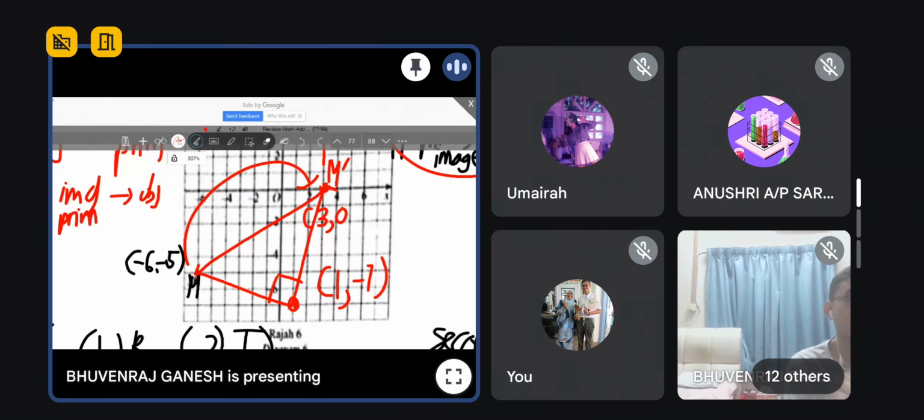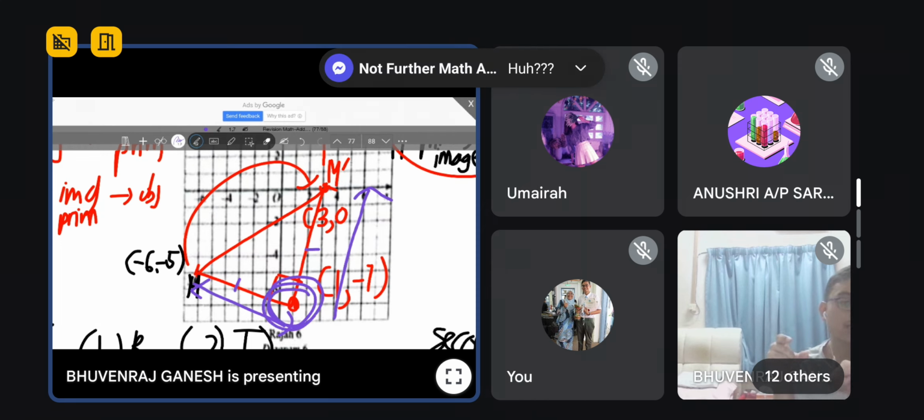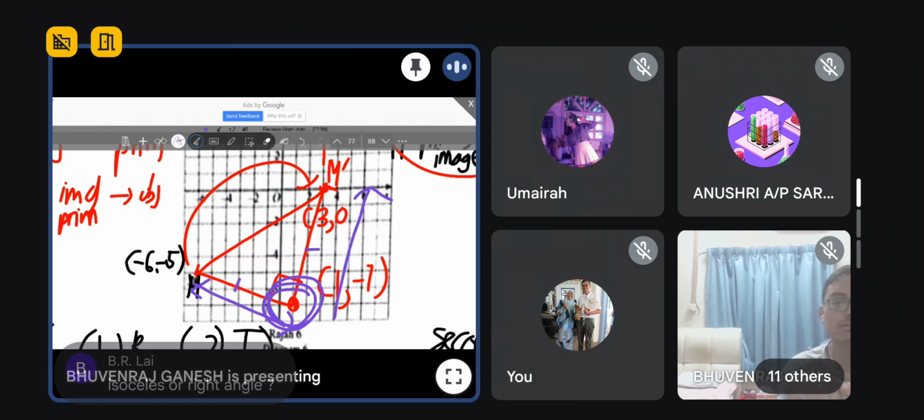One thing you must remember when choosing the center of rotation: when you choose your center of rotation, these two lengths must be equal. So you must measure with a ruler when you try to determine the center of rotation. The two lines connecting the center must be the same length.